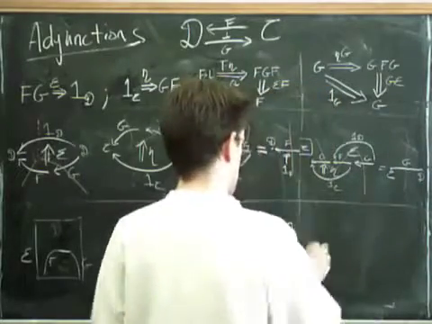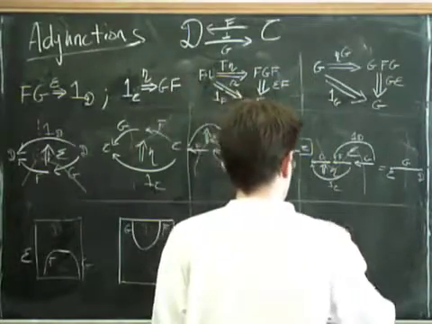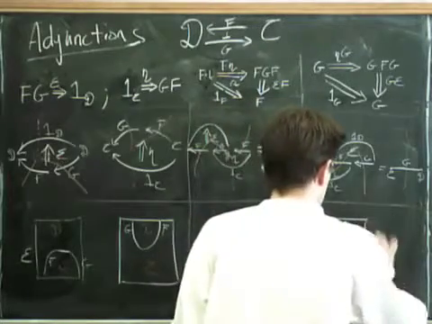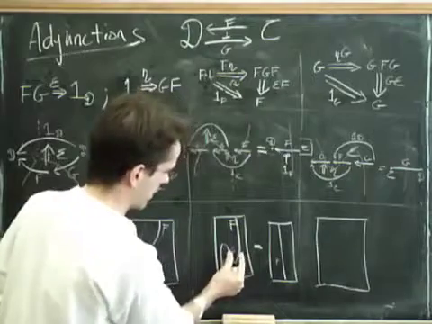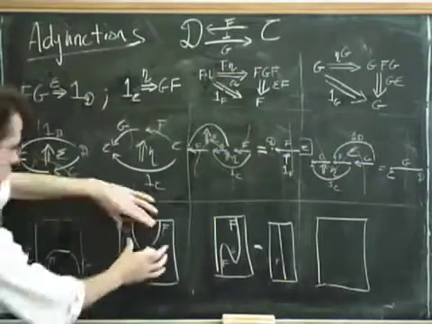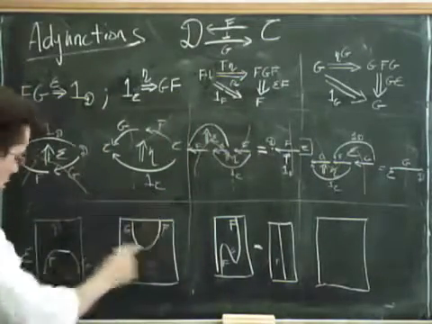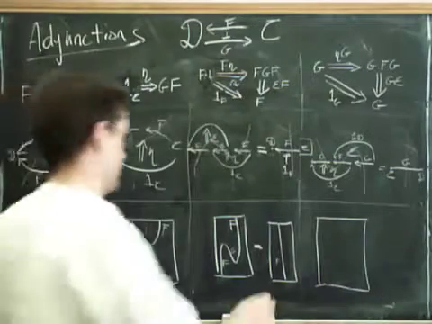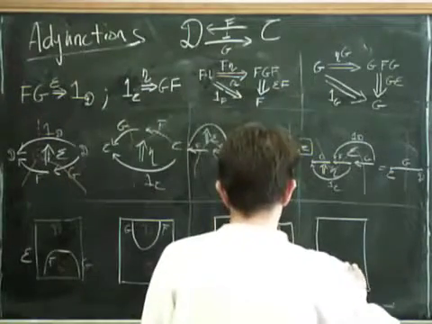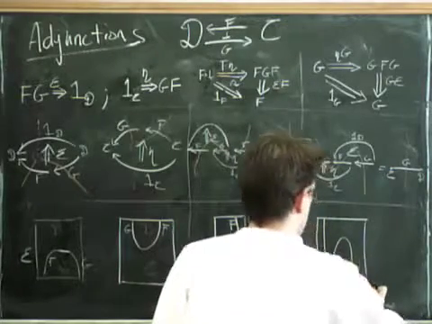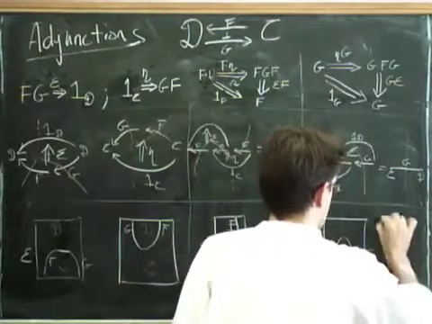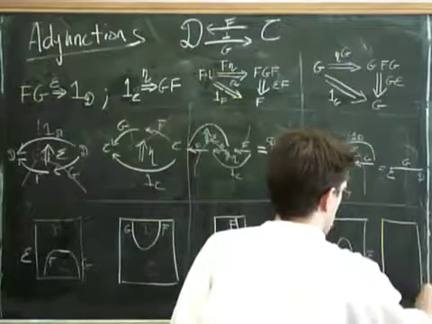Here, so this says that if we do it the other way round, so we just put the cup here on the left, so I should have said cup and cap, it's supposed to be a little cup and this is a little cap here, so the other way round, it is saying that this little wiggle is equal to a little unwiggle.